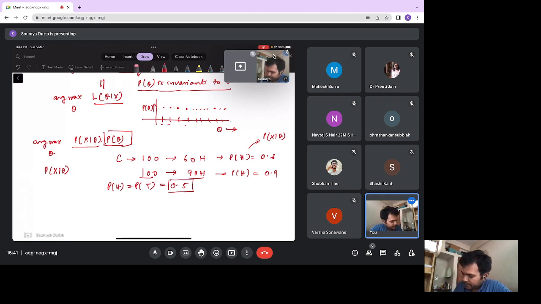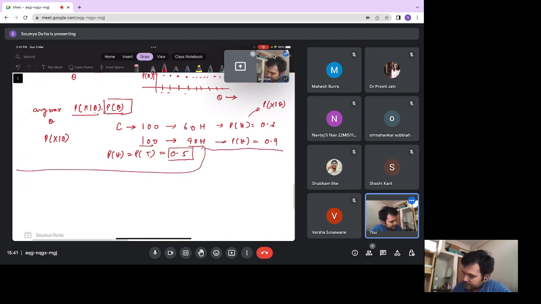Now if you translate that same idea into this particular example, if you just take the MLE estimate and it fits well on the training data, then it will perform badly.